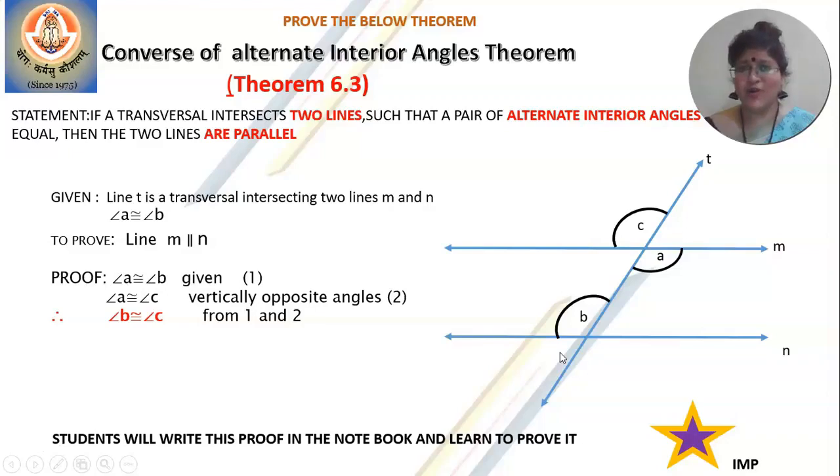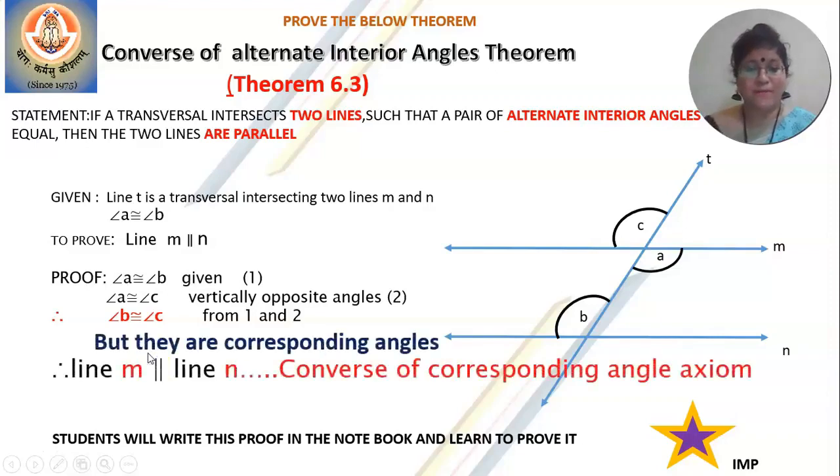Don't they look like corresponding angles? Yes. So what do you have? You have a pair of corresponding angles that is congruent. So your next statement will be, but they are corresponding angles. Therefore, the lines L and M are parallel because of the converse of the corresponding angle axiom. So what is the converse of the corresponding angle axiom?